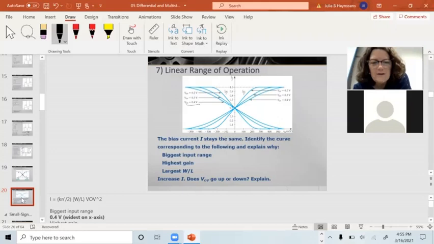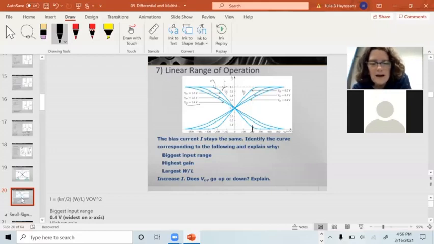The advantage with the lower overdrive voltages is that I have a steeper slope, but I have a smaller region where it will work. I can only go plus and minus 200 millivolts, but I have a higher gain.